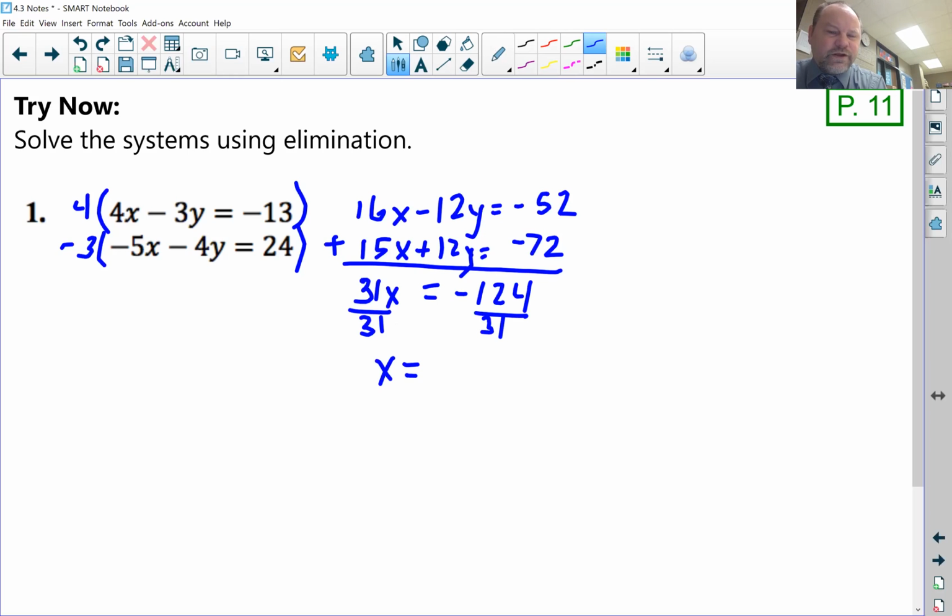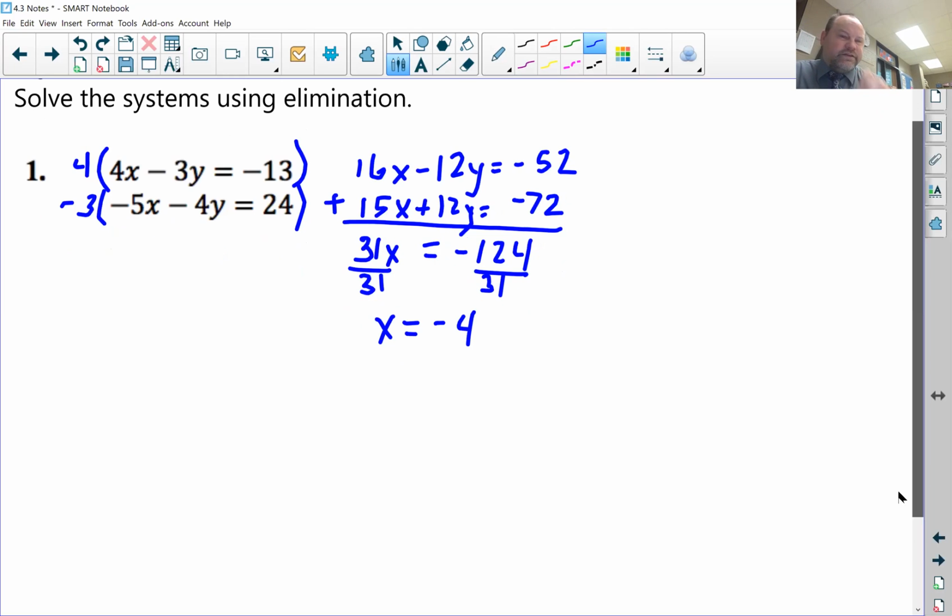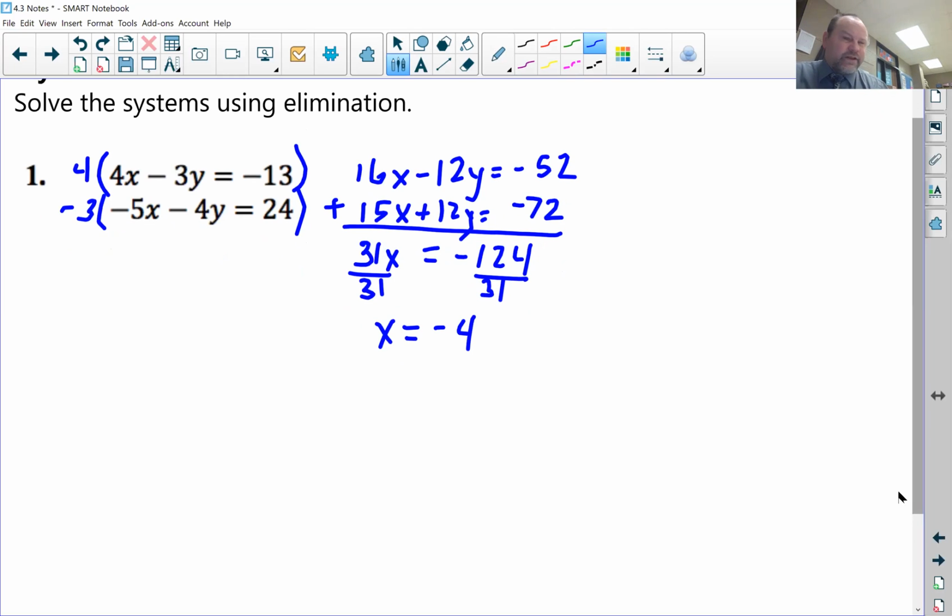Dividing by 31 gives me my x value of negative 4. Taking negative 4 and plugging it into one of my equations to find my y value. I chose to plug it into the first equation. So I took 4 times my x value of -4 minus 3y equals -13.